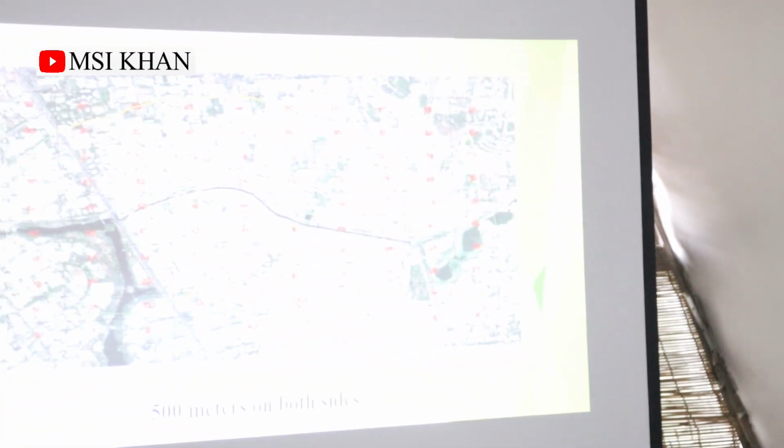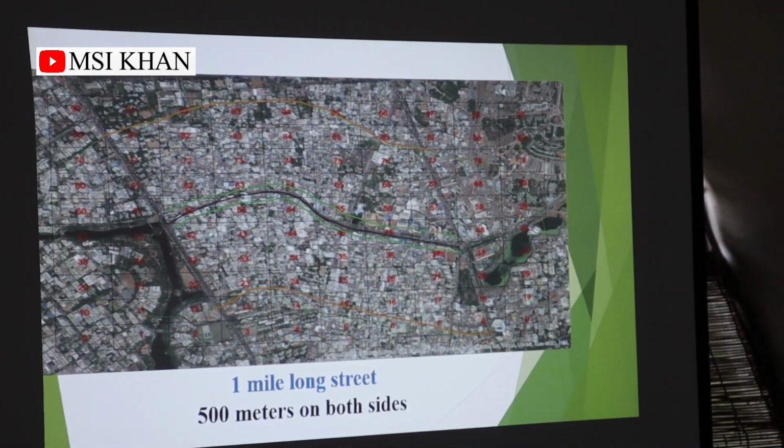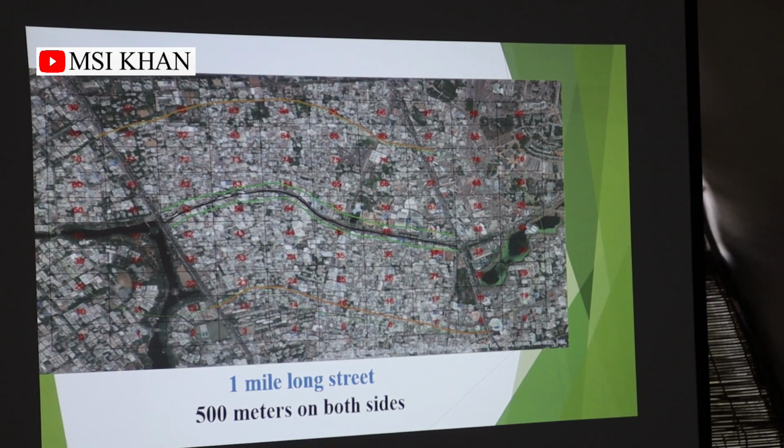So think about this. My research field is a 1 mile long street, Panthapath Street, and 500 meters wide on both sides. So that's the field. What is there, I will tell you later, but you just need to know the field.